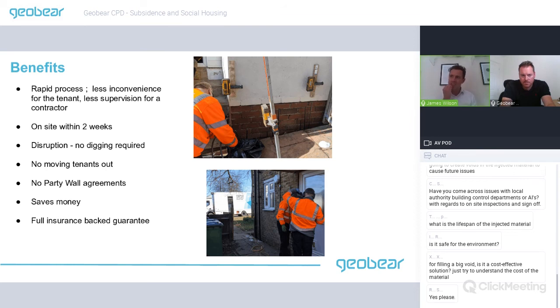But where it doesn't work, it's a matter of depth, I'd say. There's a limit to how deep we can inject, because we've got to inject materials down an injection tube. As soon as those materials enter the injection tube at the top, that reaction starts occurring, and we haven't got very long before the reaction is complete and the material is hard.